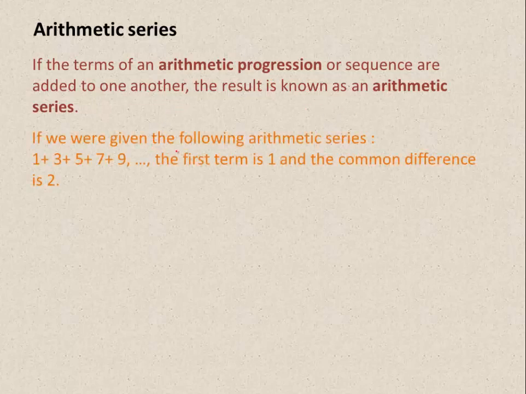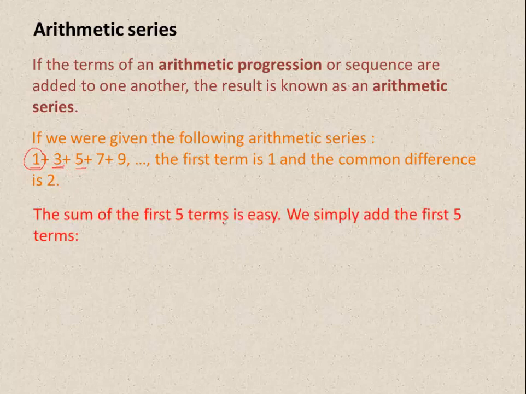Now if we were given the following arithmetic series, 1 plus 3 plus 5 plus 7, the first term is 1. This term over here is still 1. And the common difference is 2. And just to recap, the common difference is T2 minus T1 or T3 minus T2. In this case, 5 minus 3 is equal to 2.